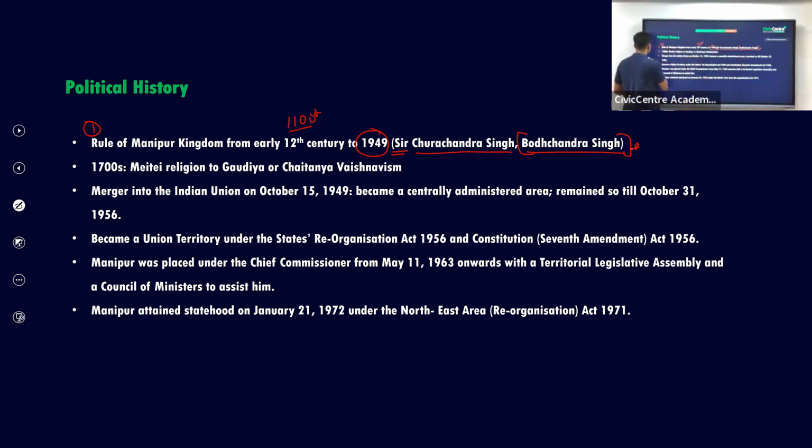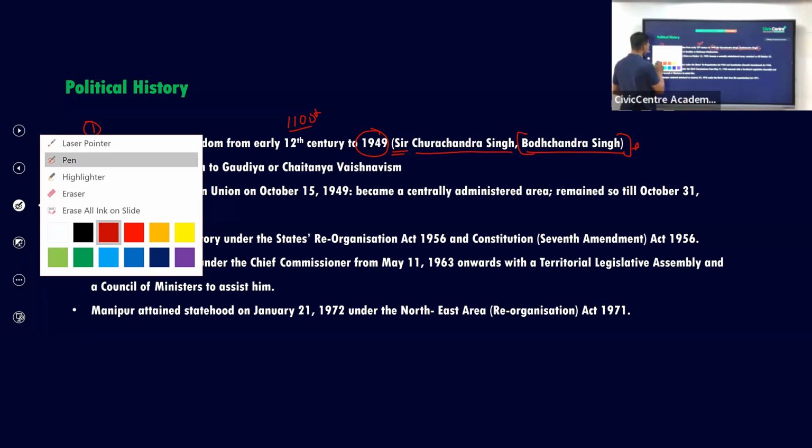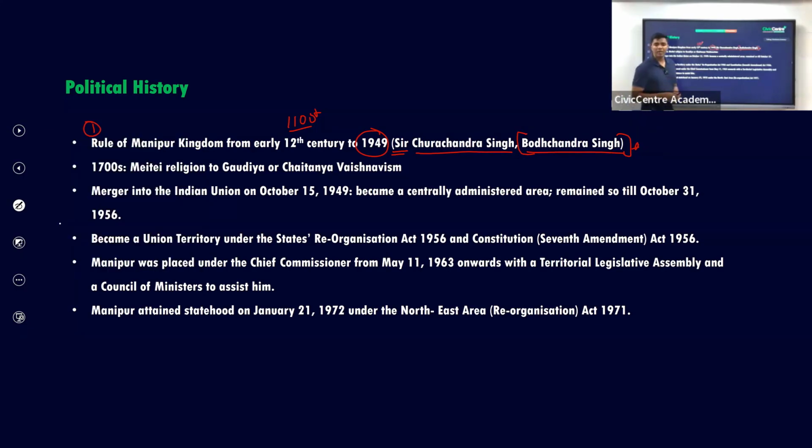If you see, there is a point. Can you tell the famous king or queen's name in AP, any dynasty? Andhra Pradesh, do you have any famous king of your own? Rudrama Devi or Vijayanagara, you can say. We don't hear the name Sir Krishna Devaraya, isn't it? No. King Krishna Devaraya. Here, if you see, Sir.